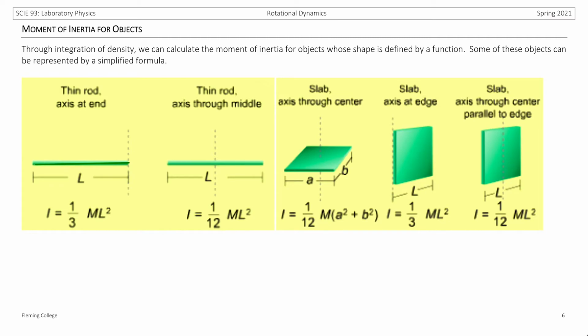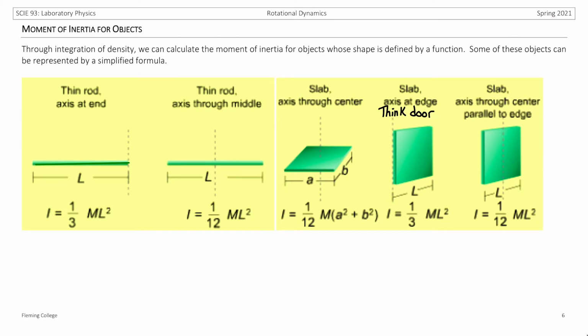Or if the slab has an axis that is at its edge, it'll swing around that axis, and you can think of this like a door. And one of the final ways that we can think of a slab rotating about an axis is when the axis is parallel to one of its edges, but through the center. This is an odd example, and I haven't quite thought of a real-world explanation that mimics this one.